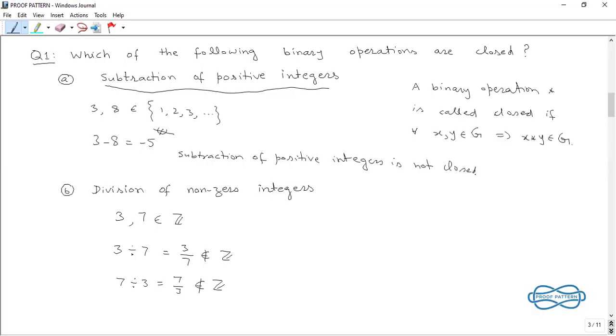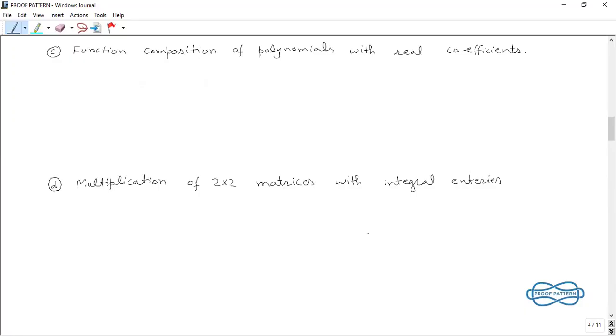And similarly, we write here that division of non-zero integers is not closed. Okay, because we have applied this binary operation between two integers, and the resultant is not an integer, so this is not closed. Okay, we move further.